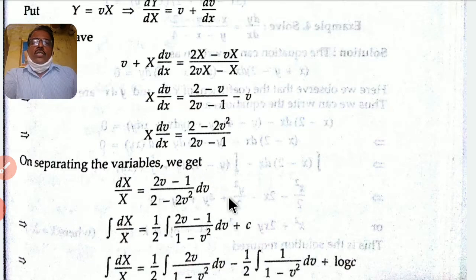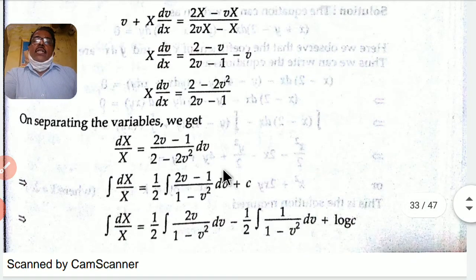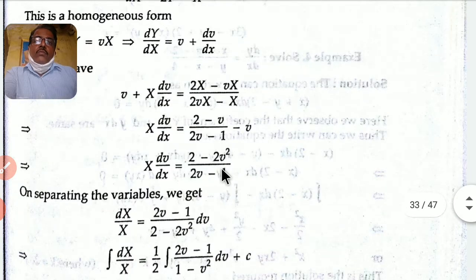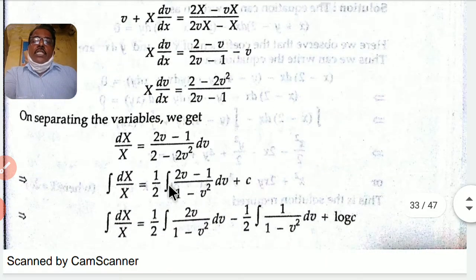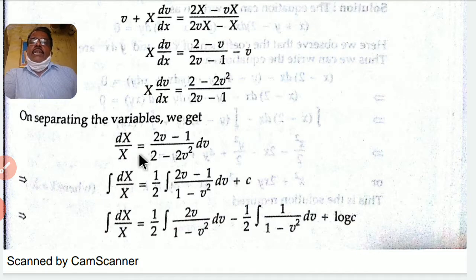The remaining is dX by x, which is equal to 2v minus 1 divided by 2 minus 2v square dv. Now integrating.